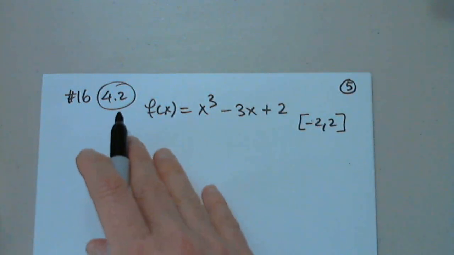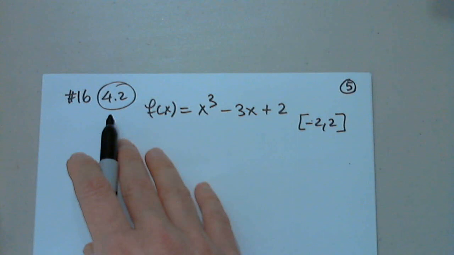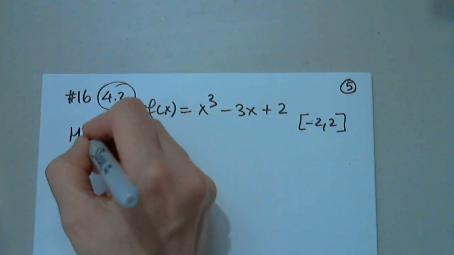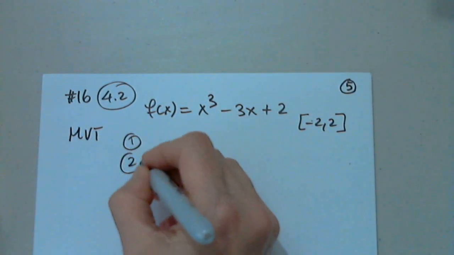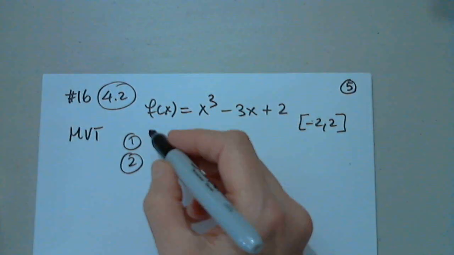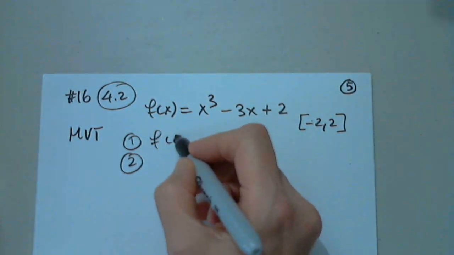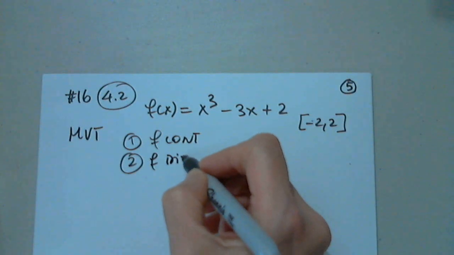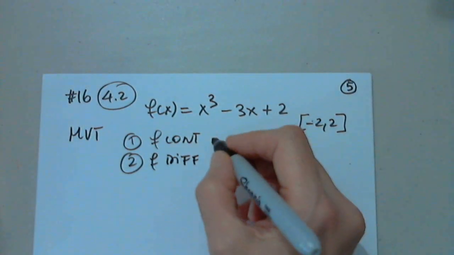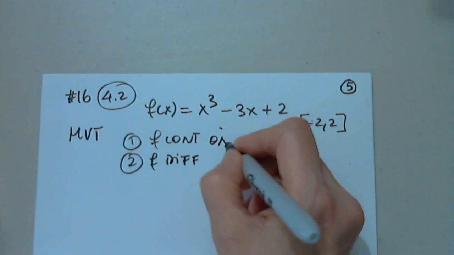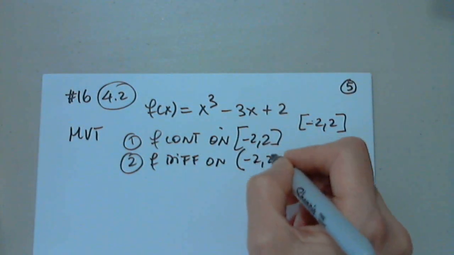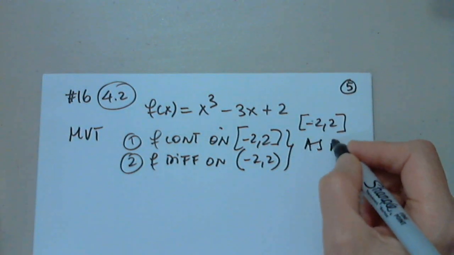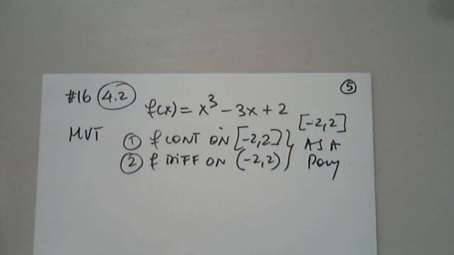So are we asked to apply Rolle's theorem or mean value theorem? Mean value theorem. Remember, MVT has two hypotheses. This is a polynomial function, so f is continuous and also differentiable on the given interval. So I have to write here on -2, 2, as a polynomial function.